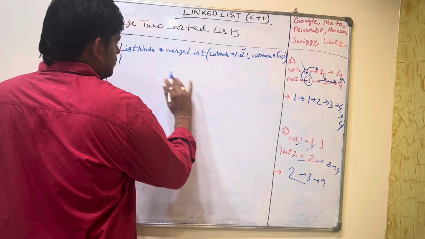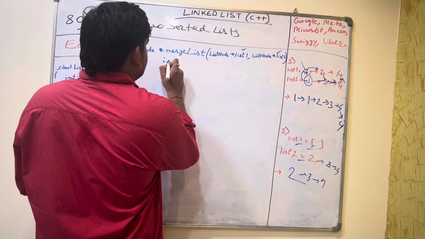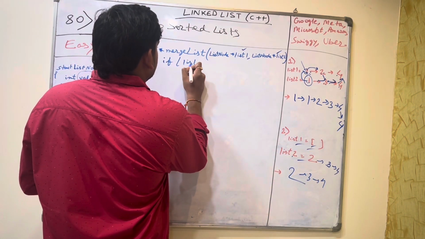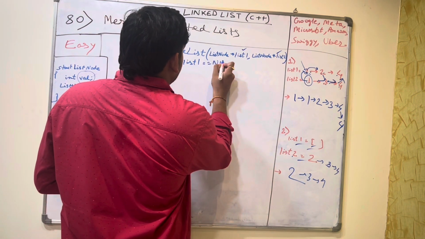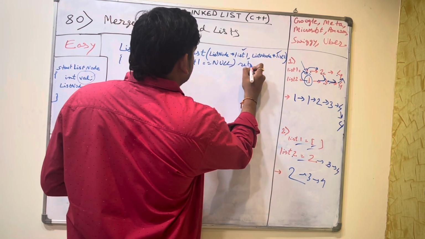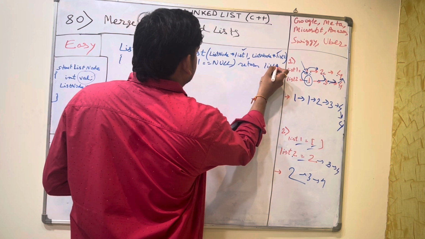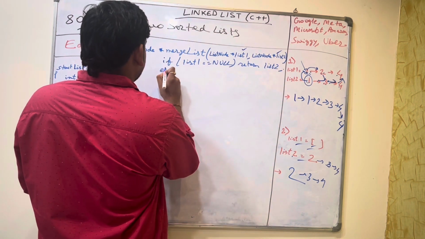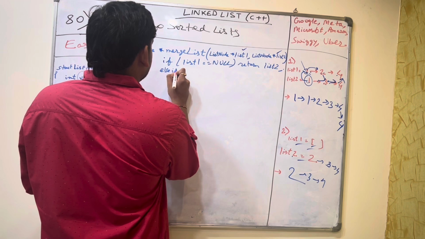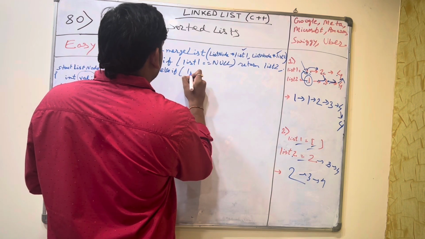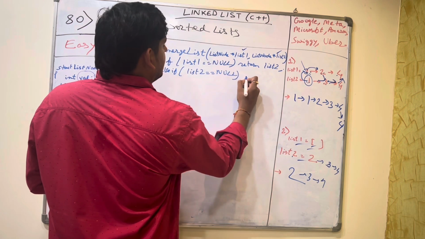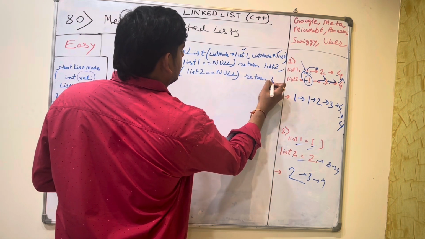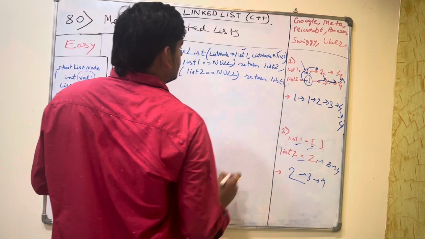So one edge case is that if list 1 is equal to null, then we return list 2, right? Else if list 2 is null, then we return list 1. Okay, that is sure.